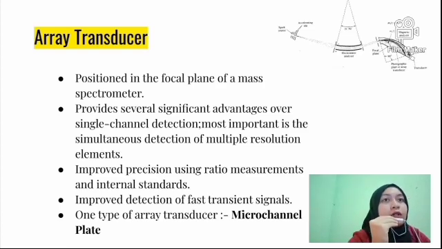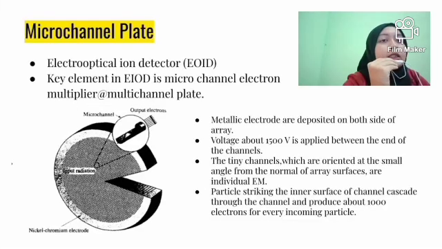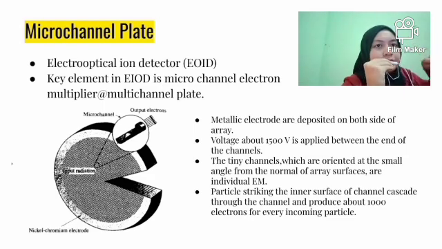One type of array sensor which is commonly used is the microchannel plate. The key element in the electro-optical ion detector is the microchannel electron multiplier, which is the layer inside the electro-optical ion detector.